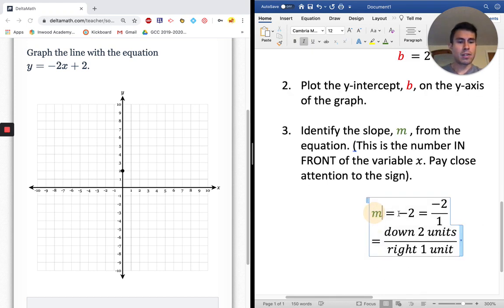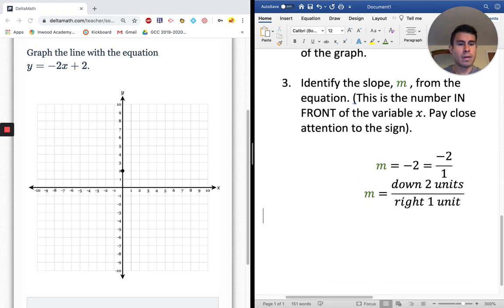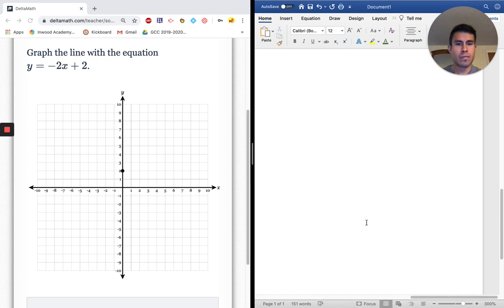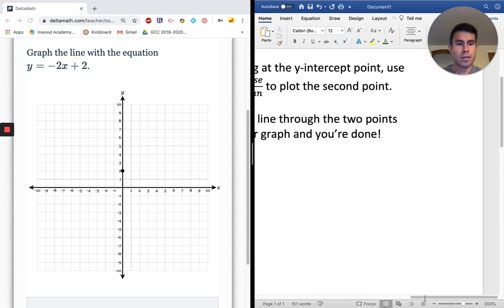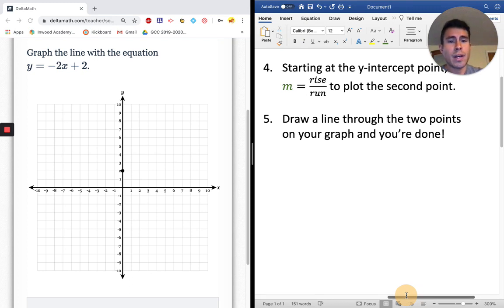So again, my slope is down 2 units to the right 1 unit. All right, my next step, there we go, is starting at the y-intercept point, I'm going to use my rise over run to plot a second point. Then I'm going to draw the line through the 2 points.